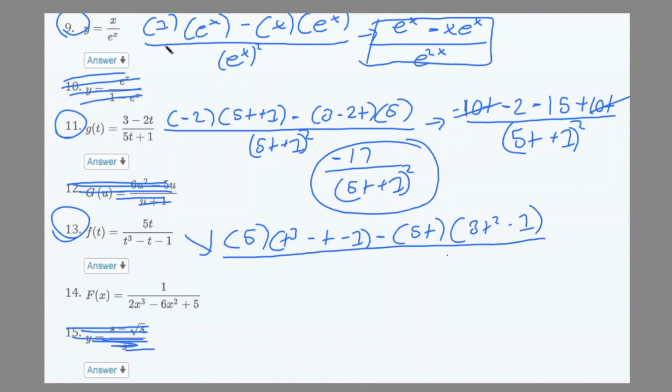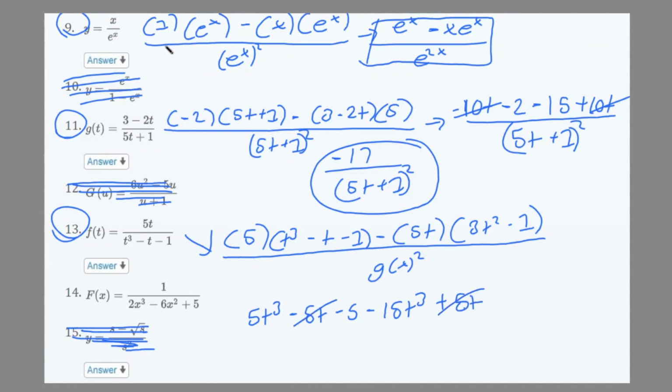And then all that, for now, we'll just write g of x squared, because that's a pretty long polynomial to write out. If we simplify the numerator, we get 5t cubed minus 5t minus 5, minus 15t cubed plus 5t.